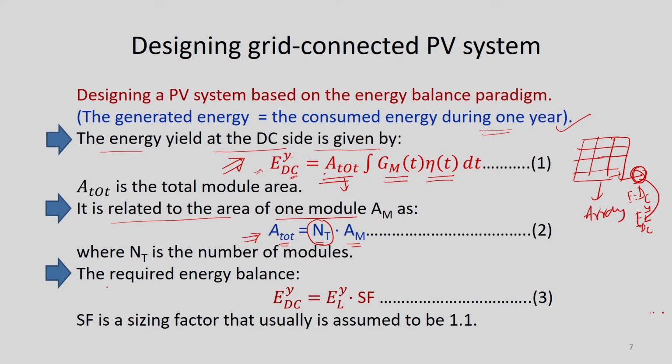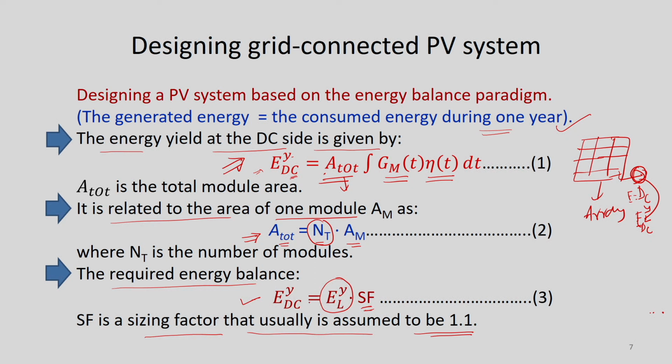So, for the required energy balance, what we can do, E DC Y is equal to E L Y, this part is something called load, okay, load side, multiplied by SF. This SF is nothing but the charging factor that is usually assumed to be 1.1, right. So, we equate this E DC Y is equal to E L Y, that is load side energy, multiplied by the charging factor. Okay.